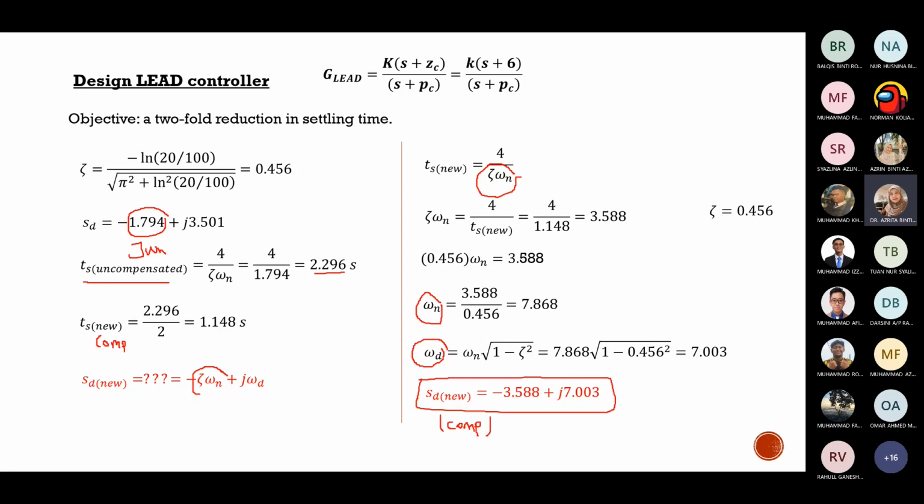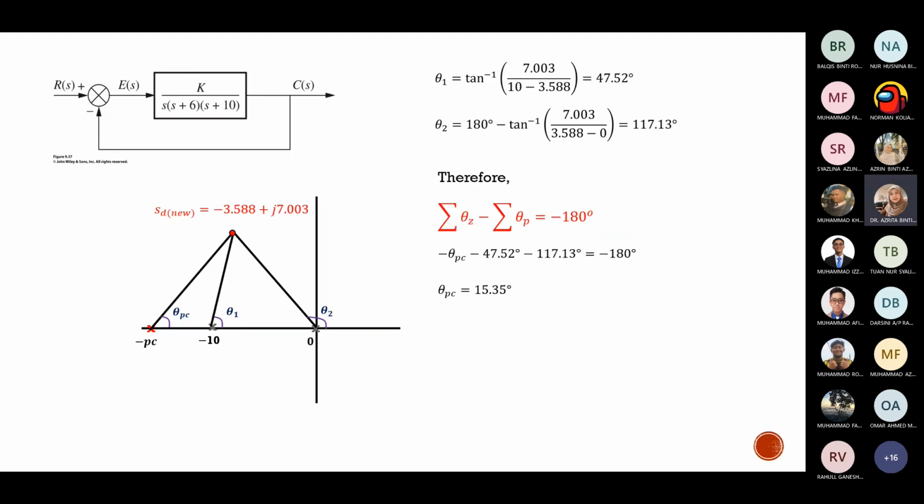Okay, so after that, we find the angle. This is our system. From the system, we have poles at 0, minus 6, and minus 10. For the lead compensator, you need to choose the location of Z lead.